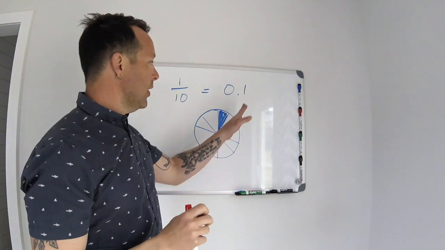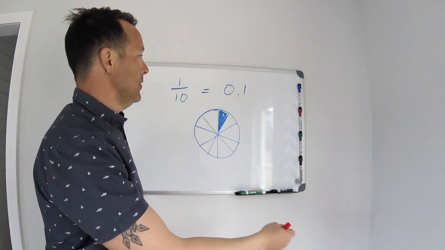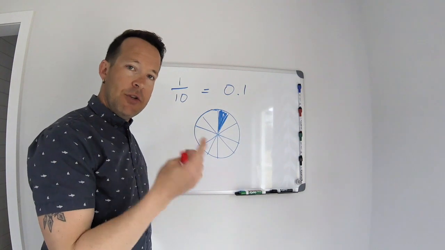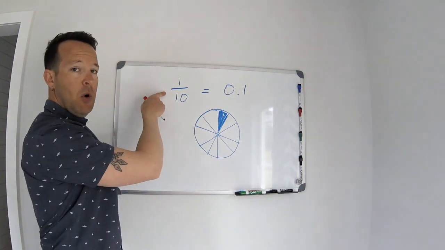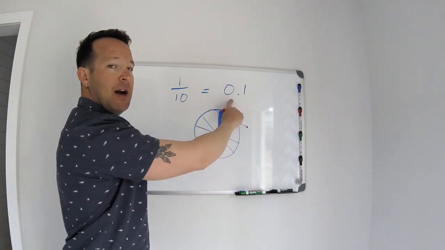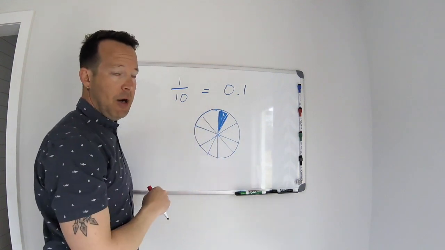A tenth, or a decimal, is another place value. So on page 37, there's a new place value name, and it's called a tenth, right? Same as this. This is 1 over 10, or a tenth. This picture is a tenth of a pie.